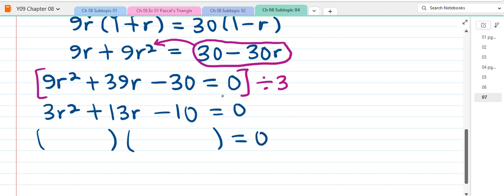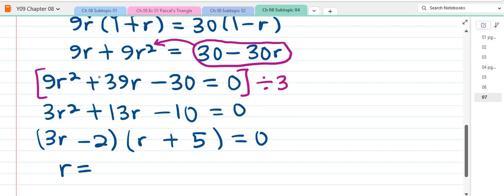So this quadratic equation with r as unknown can be factorized by making them into double bracket. Over here 3r times r, and you have to multiply factors of 10. Here it will be 2 and 5. So (3r minus 2) and (r plus 5). And coincidentally, negative 2 times 5 is negative 10. So this is the complete factorization, which will give you 2 r values.